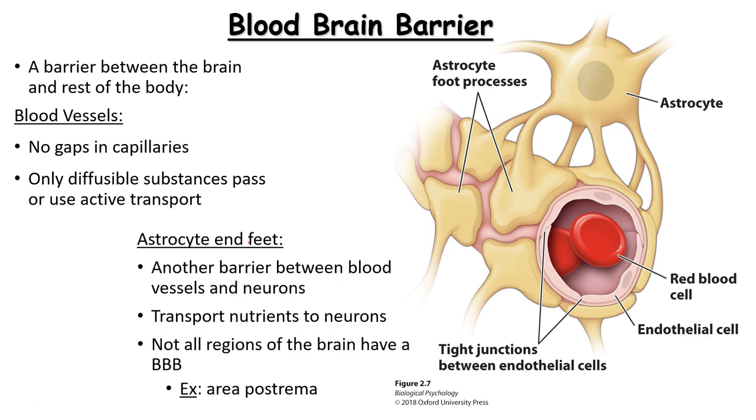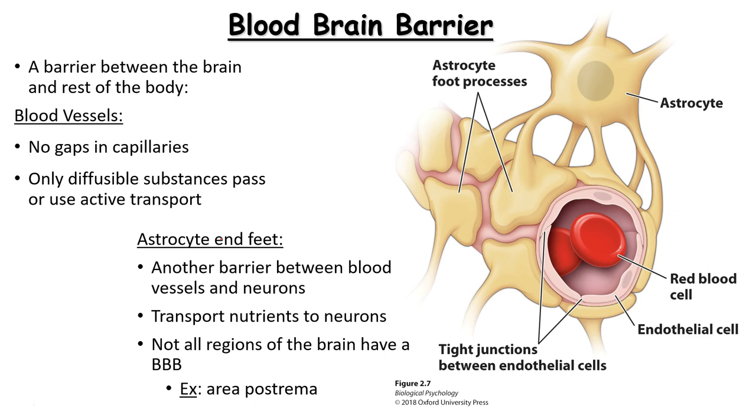The other one is the astrocyte end feet. So astrocytes have these suction-like protrusions that rest up against the blood vessels of the brain, and they serve as a physical barrier between neurons and the actual blood vessel wall. Astrocytes also help transport nutrients.